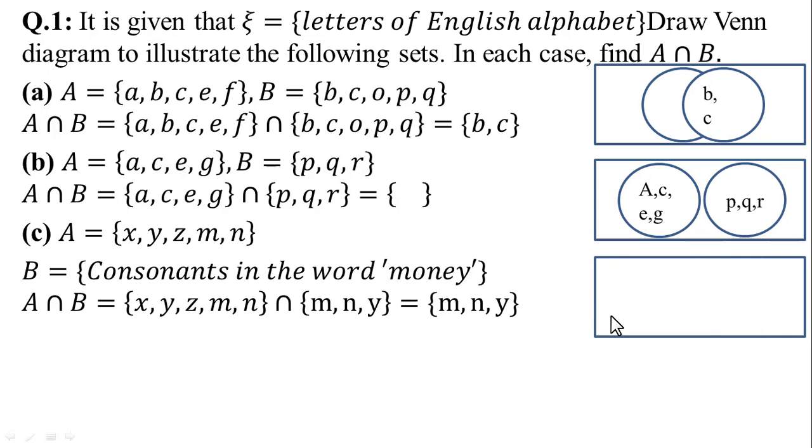First of all, this is the universal set. Now draw the elements of the first set and the elements of the second set. Because B is contained in A, B is a subset of A. Here we can see it in this diagram also.